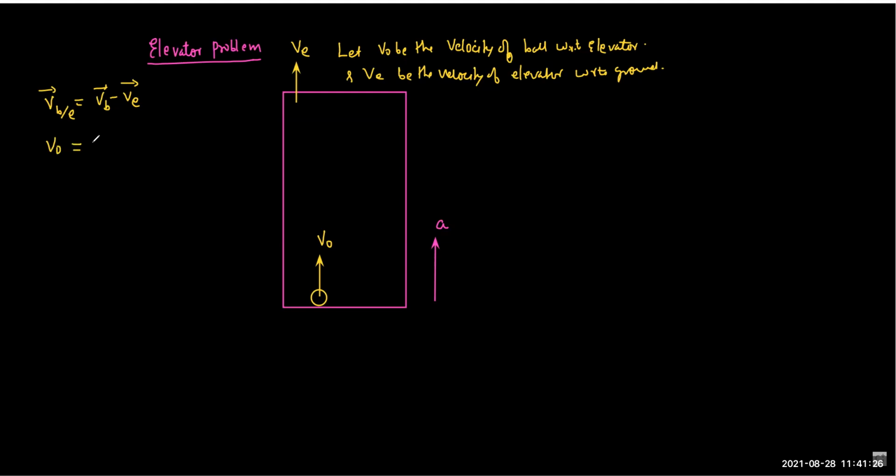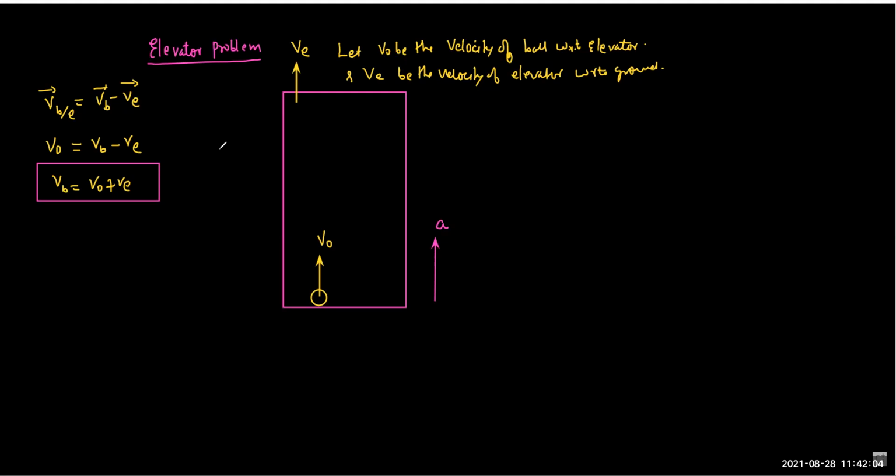Velocity of the ball is unknown, and the elevator is also moving upward with V E. So V B turns out to be V naught plus V E, which is obvious. We could have said this by common sense. So V B represents the velocity of the ball in the ground frame, and V naught represents the velocity of the ball in the elevator frame. These things are very important to understand, analyze, and be able to write down.